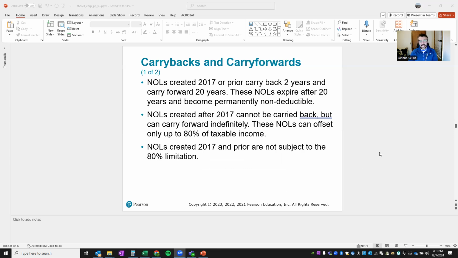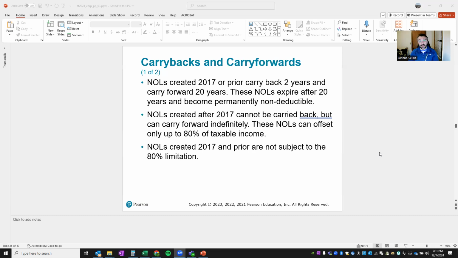Getting to carrybacks and carryforwards. You'll have fun with this because the Tax Cuts and Jobs Act kind of mucked it all up. But NOLs created 2017 or prior, those can go back 2 years or carry forward 20 years. These NOLs expire after the 20 years and become permanently non-deductible, meaning use them up.